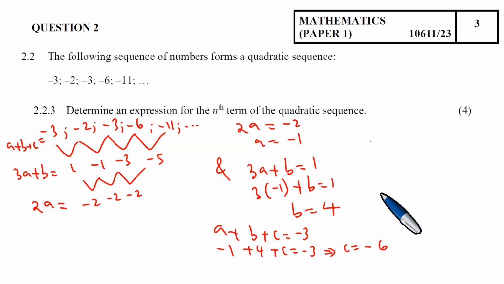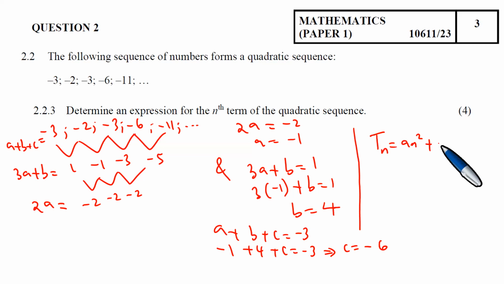So as a consequence, Tn is an squared plus bn plus c, which means you have Tn equals minus n squared plus 4n, because b is 4 and c is minus 6.